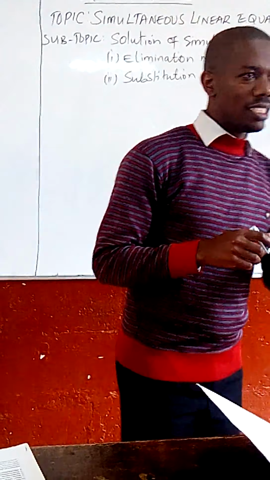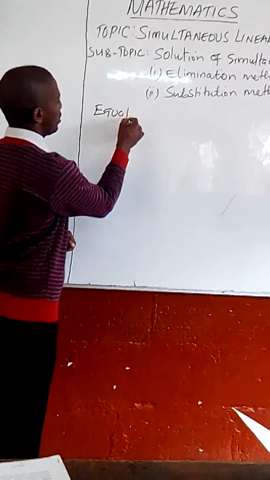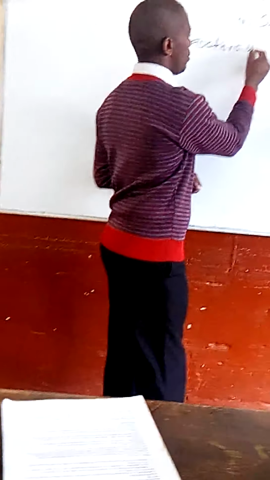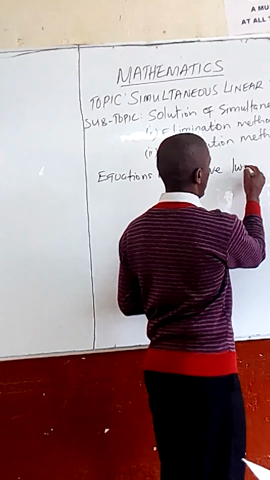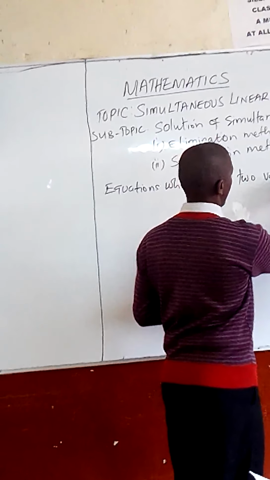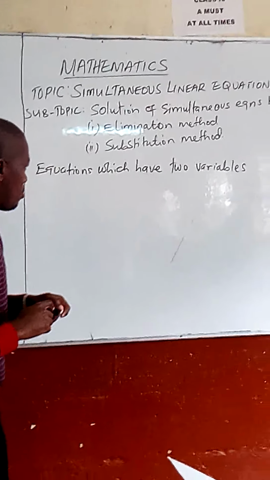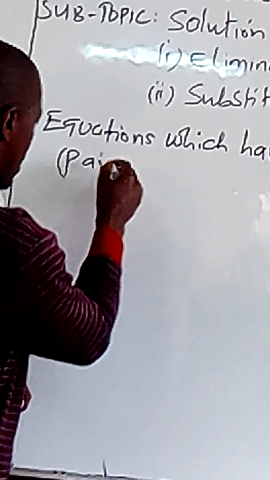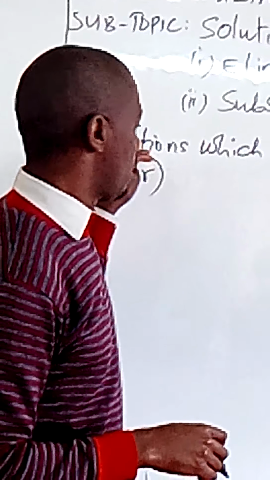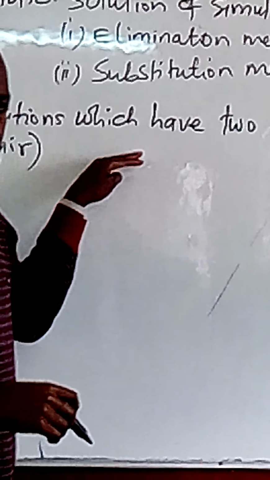Now, simultaneous linear equations are equations which have two variables, especially when they are in pair, whereby when you find the solution for these equations, they will fit into those two equations.